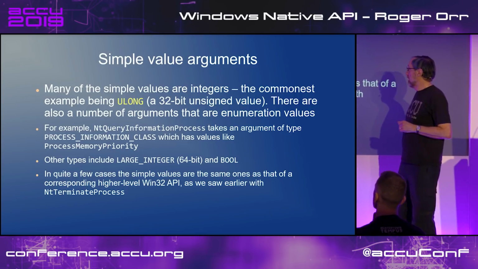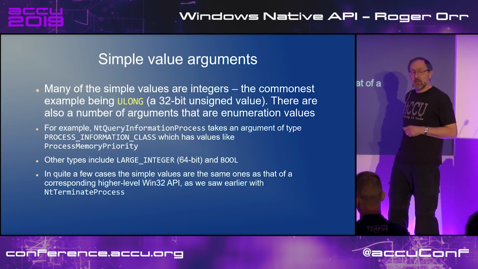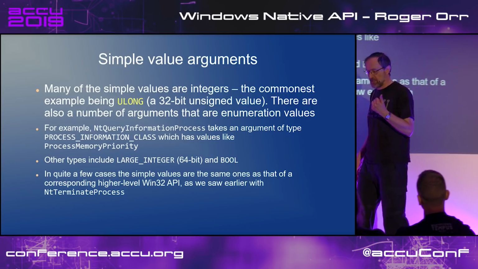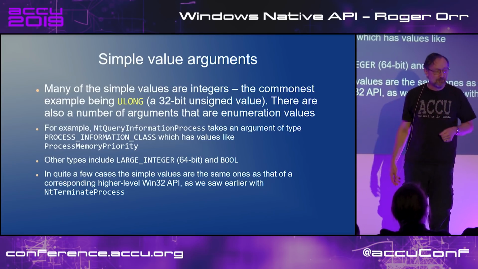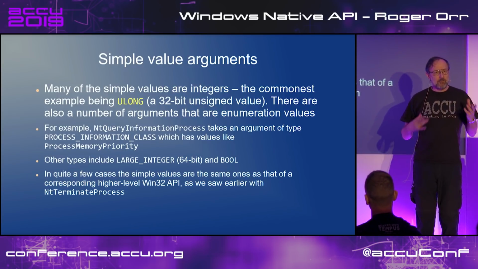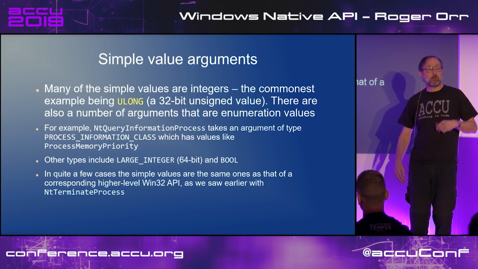A few other types. Some of the APIs take a large integer and bool, which as everyone knows has two values, naught and many other values. And then there's a few that have the same type as the corresponding Win32 API, which is nice because it means that's documented.